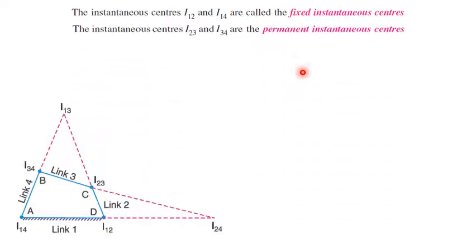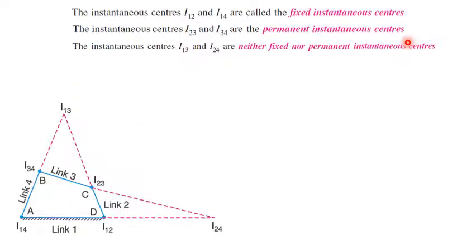Next, I23 and I34 are called permanent instantaneous centers, because they move when the mechanism moves, but the joints are permanent in nature. Therefore, these types of instantaneous centers are called permanent instantaneous centers.